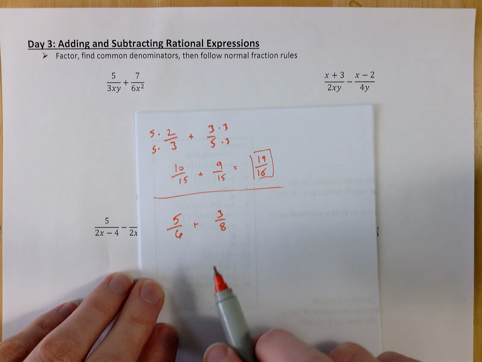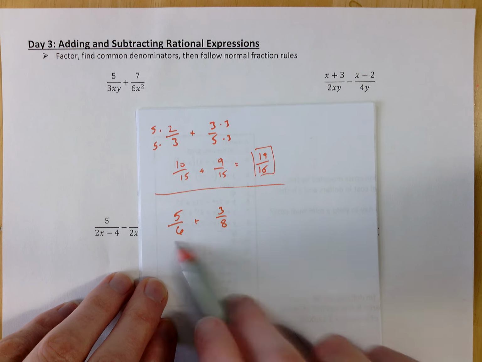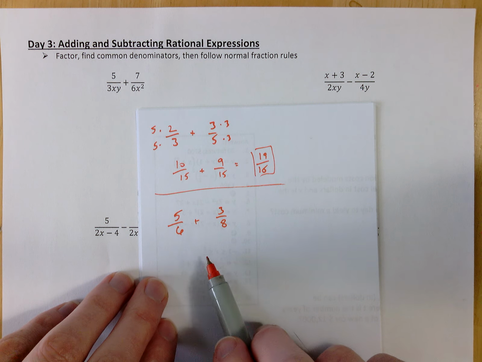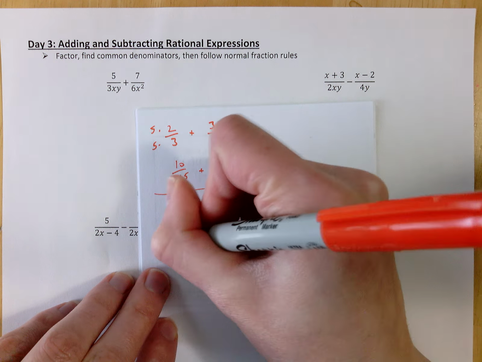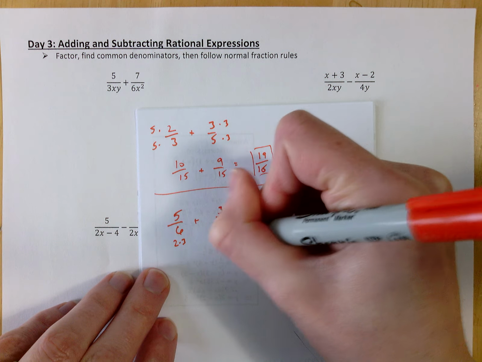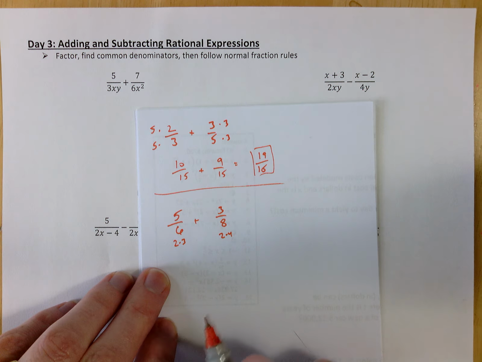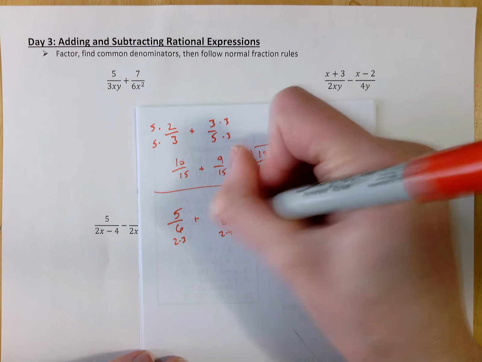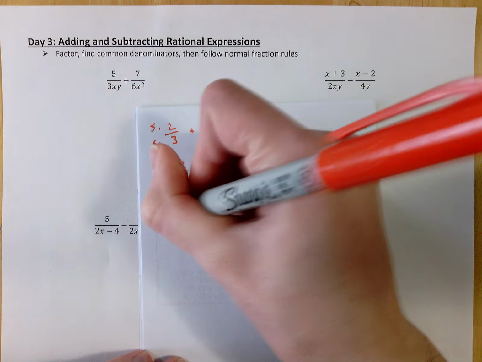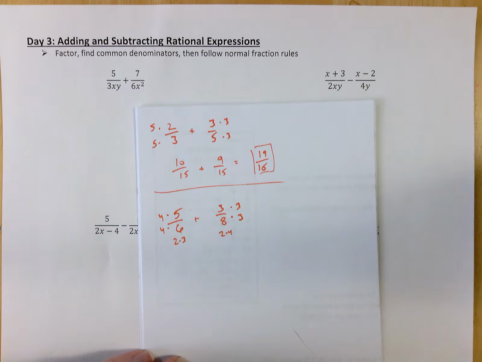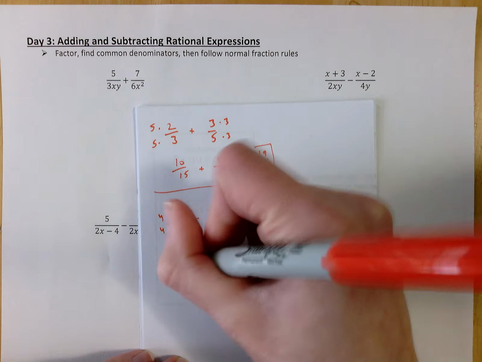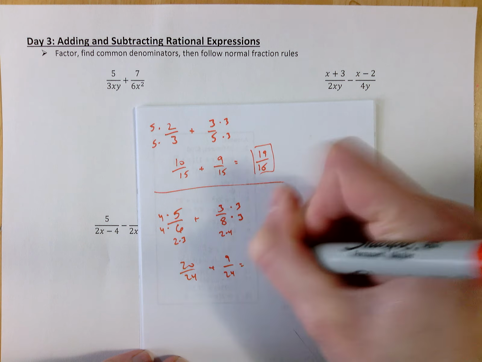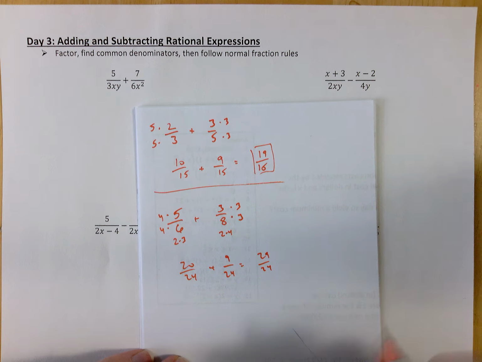That would work, but there's a smaller common denominator of 24, because 6 is 2 times 3 and 8 is 2 times 4. So since they already have that 2 in common, I can multiply this guy by 3 top and bottom and this guy by 4 top and bottom. And that will make them match at 24. Okay, and then we can add from there.